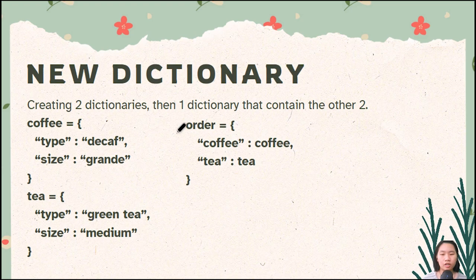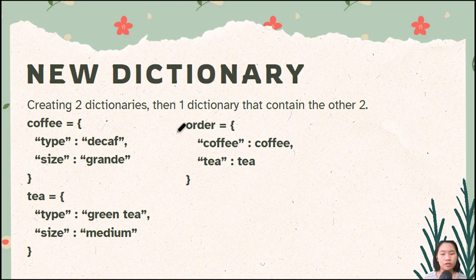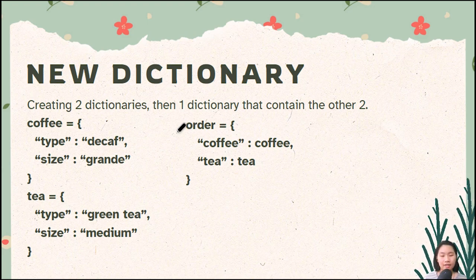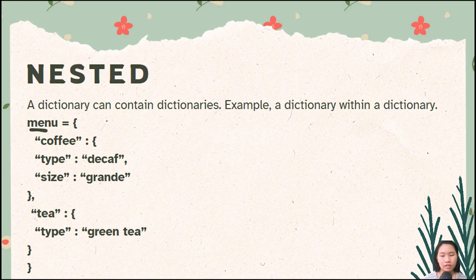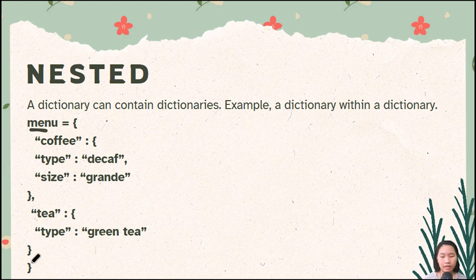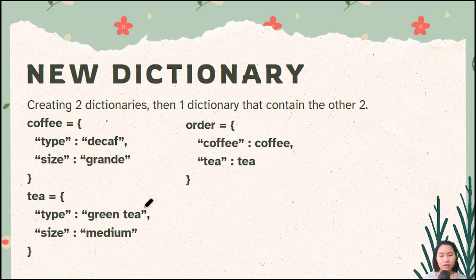Now let's move on to new dictionary, specifically creating 2 dictionaries and then 1 dictionary that contains the other 2. So instead of having this little syntax over here, which can get quite confusing when you're first looking at it, you can go for the easier route of creating different dictionaries.